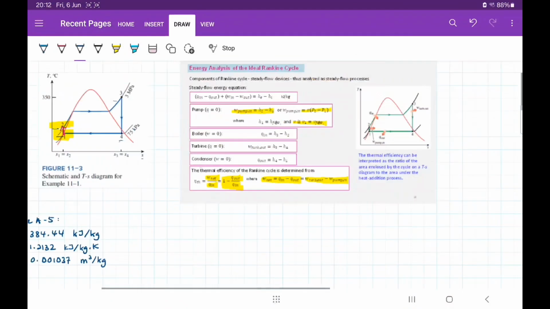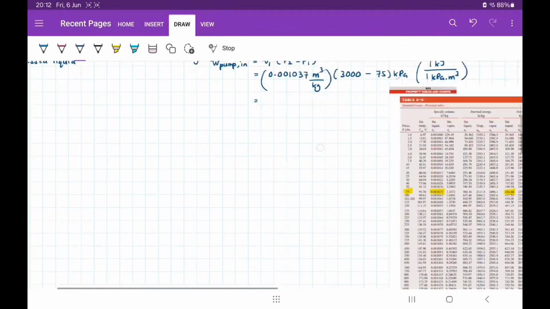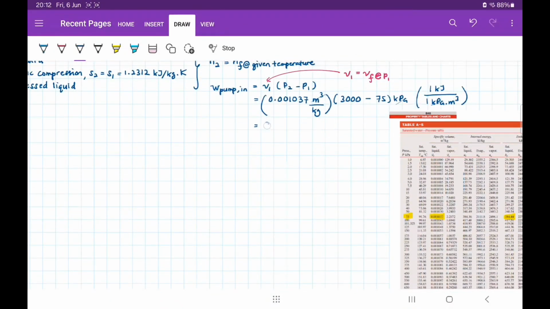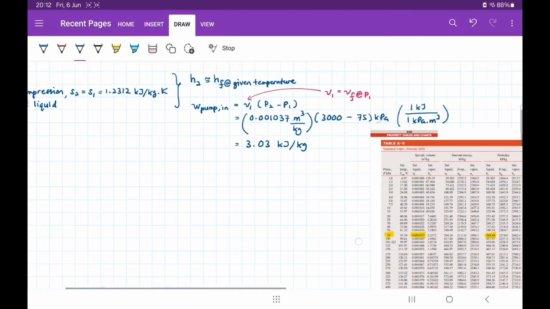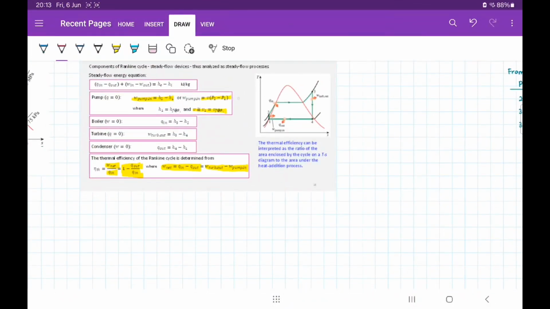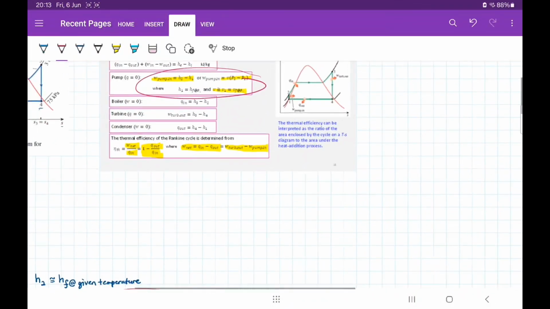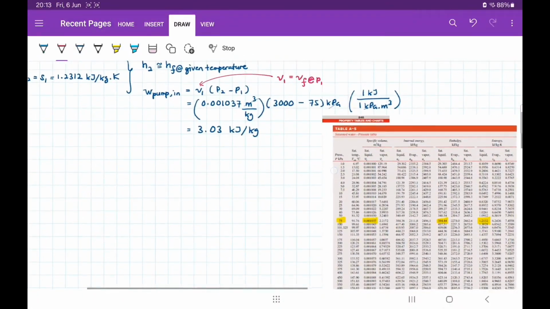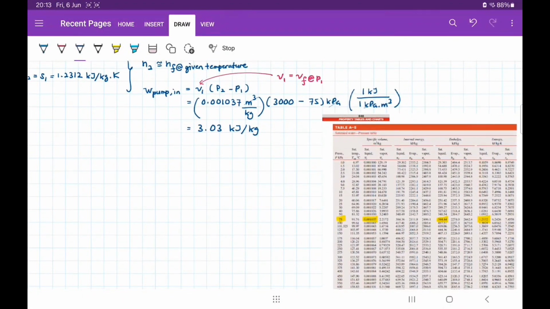So this is equal to 3.03 kilojoule per kg. Using the information that we have earlier on, we can now determine our H2.